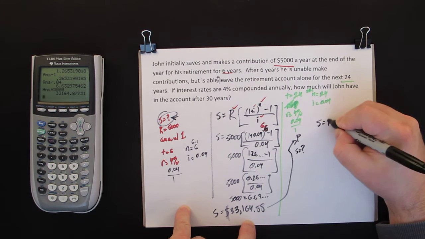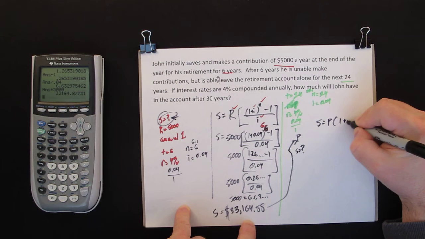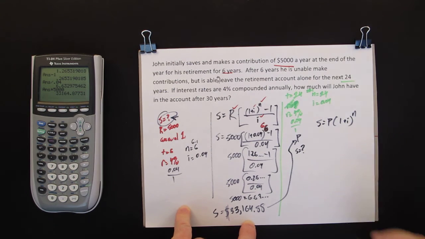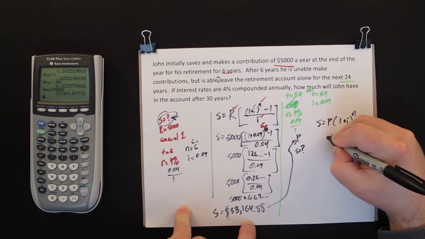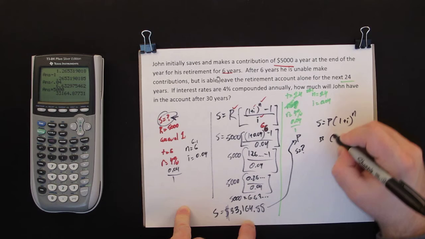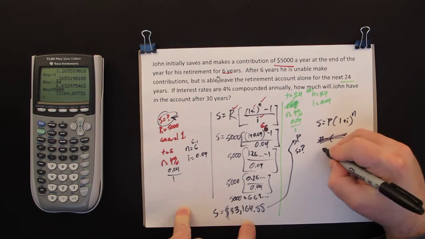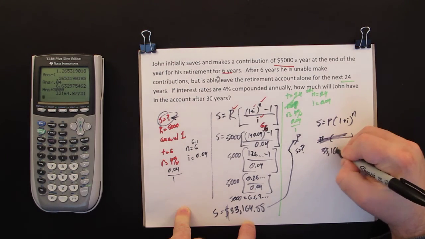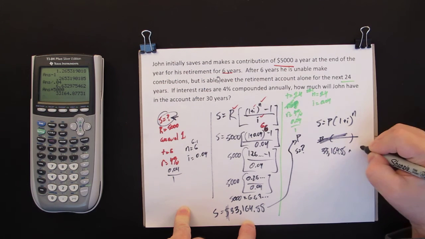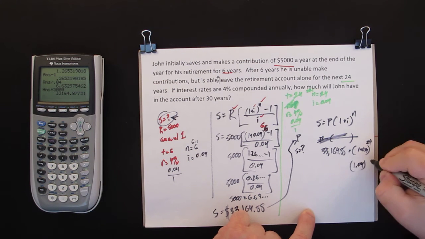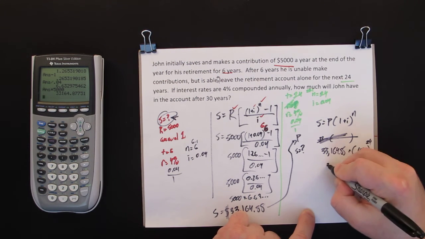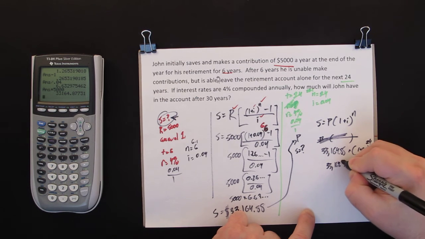So future value is principal times your growth, and then times the number of periods. So you have your period interest and your growth there. So we have our prior result, $33,164.88 times 1 plus 0.04 to the 24th. So 1.04 to the 24th times this principal from the prior.